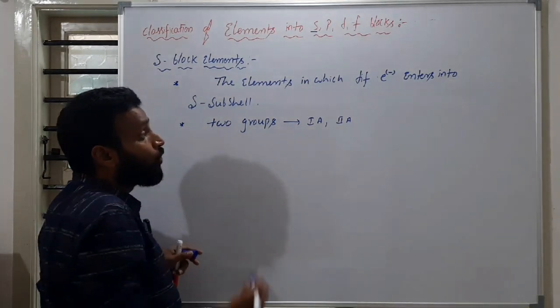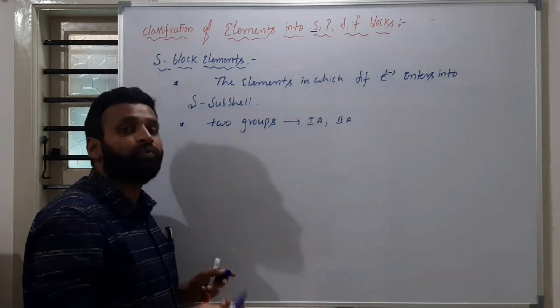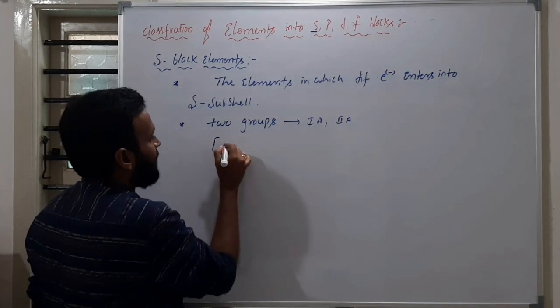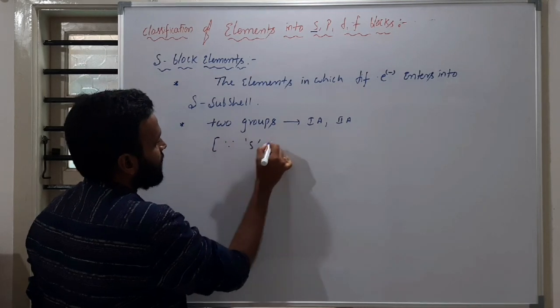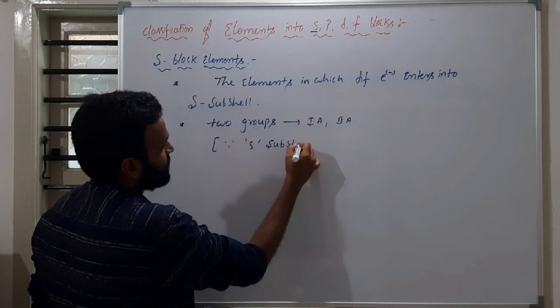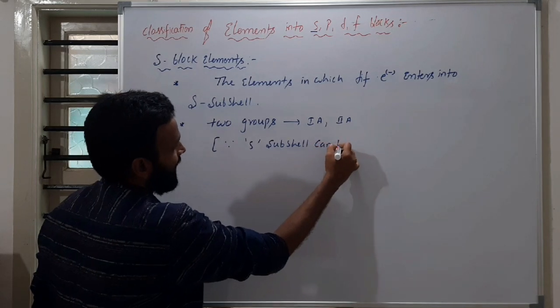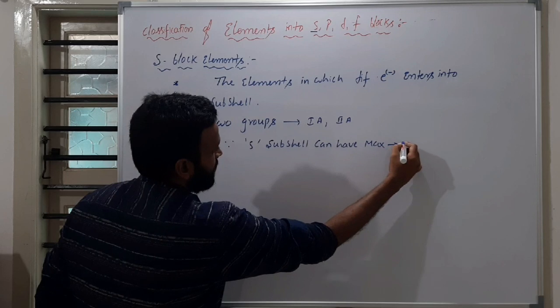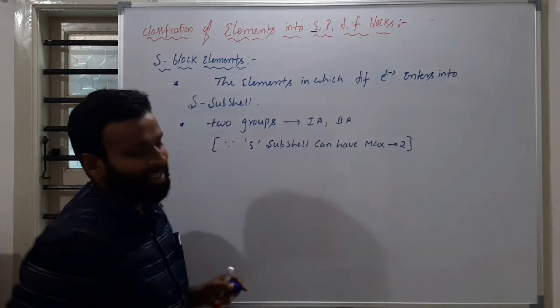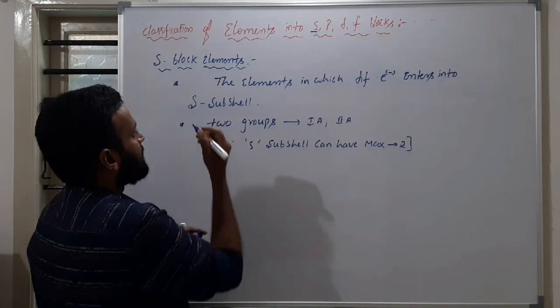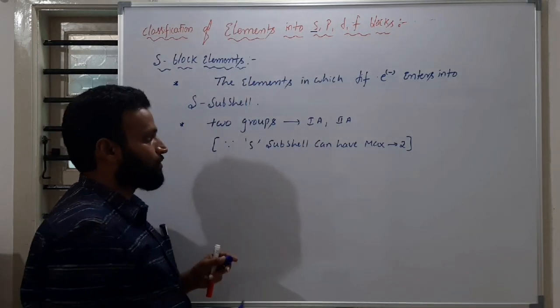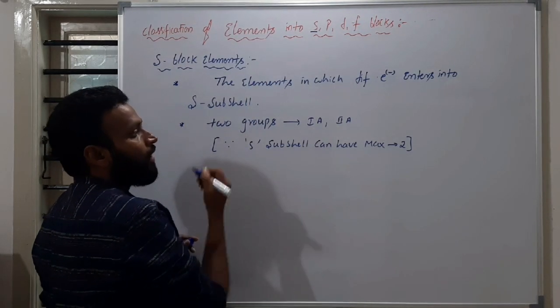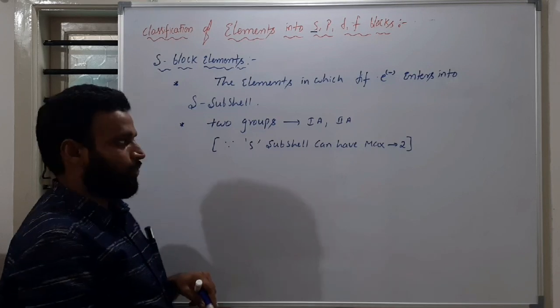Okay sir, why two groups only? Why not three? Why not four? The reason is that the S subshell can have a maximum of two electrons. That's why this S block consists of two groups, and they are called 1A group elements as well as 2A group elements.